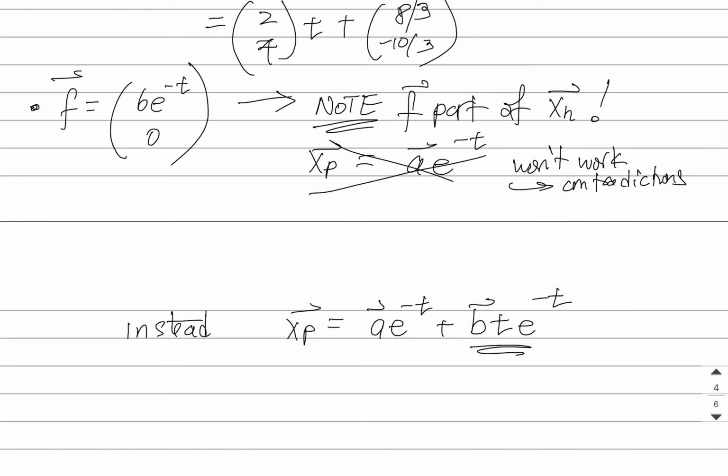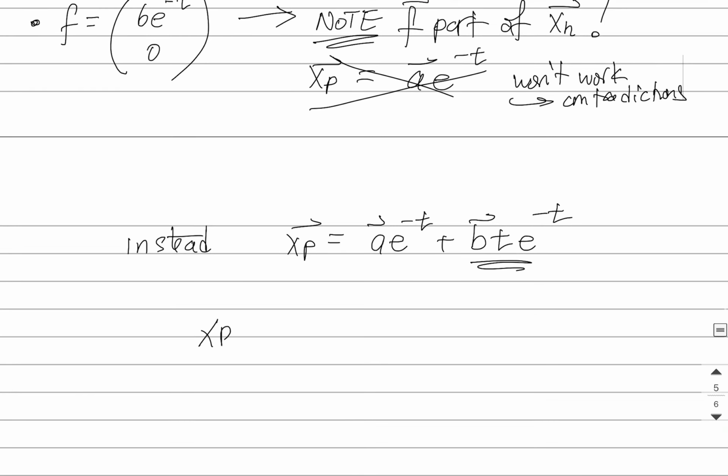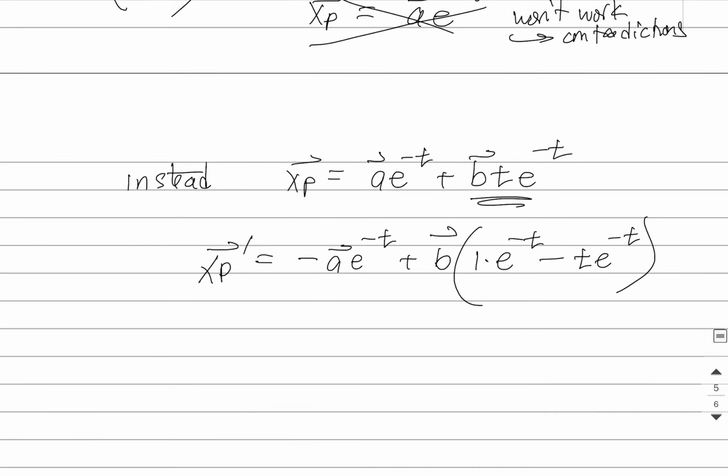This term is needed because you need to account for the right-hand side in some way by using terms that are not in the fundamental set. You'd have to differentiate this term, so you'll get negative a e to the negative t. You're going to get 1 times e to the minus t plus, or I should say minus t e to the minus t. So it ends up being kind of messy.